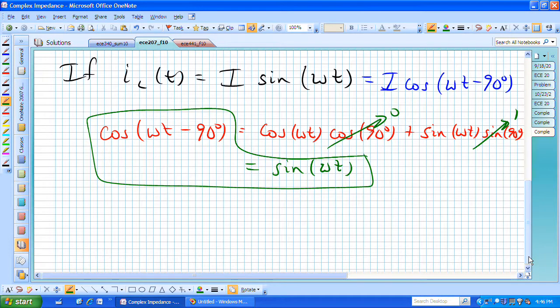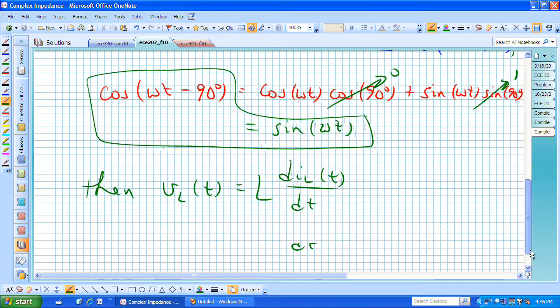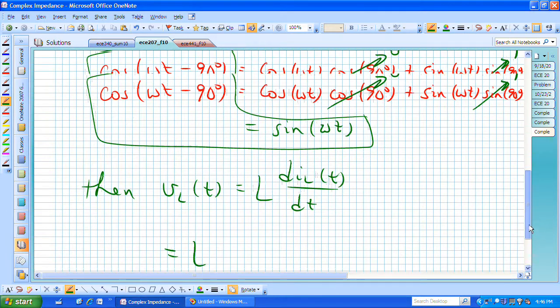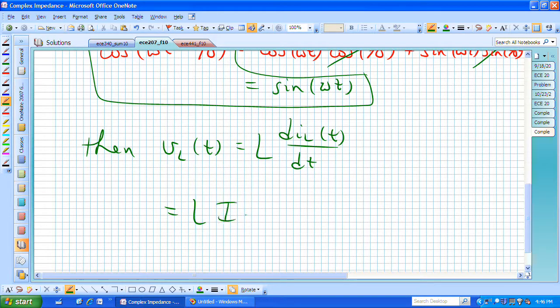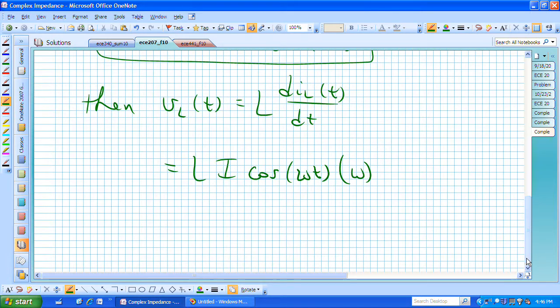If our current through the inductor is a magnitude I sine of omega t, based on Eli, V is equal to L di dt, then we know that V sub L of t is just L times the derivative of I sub L of t, but the derivative of sine is just cosine, and we now have I cosine omega t times the derivative of the argument of the cosine, which in this case, the derivative of omega t with respect to t is simply omega.